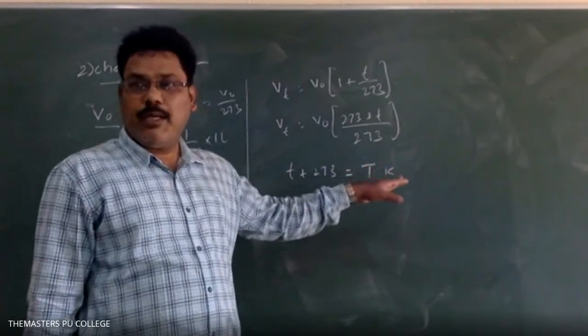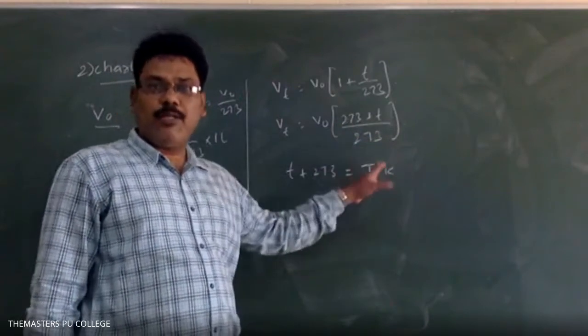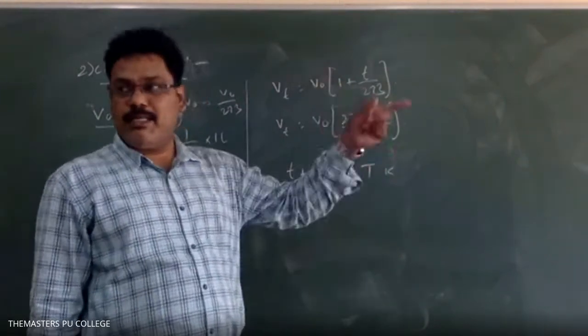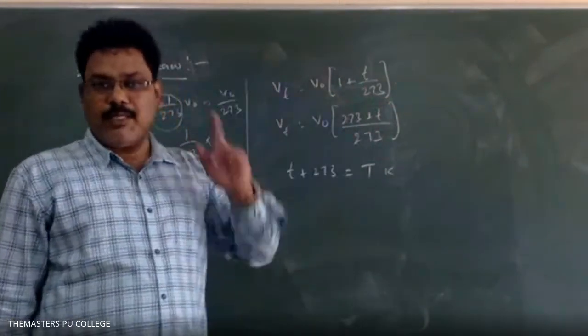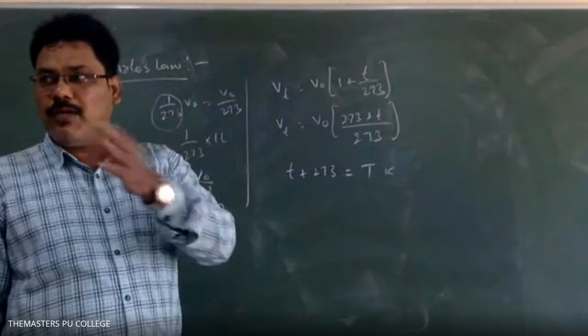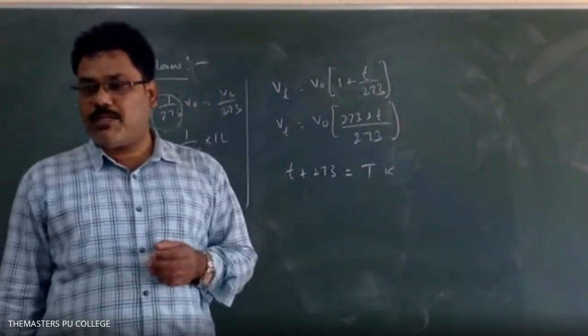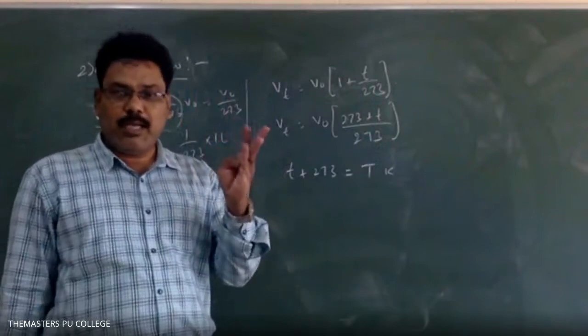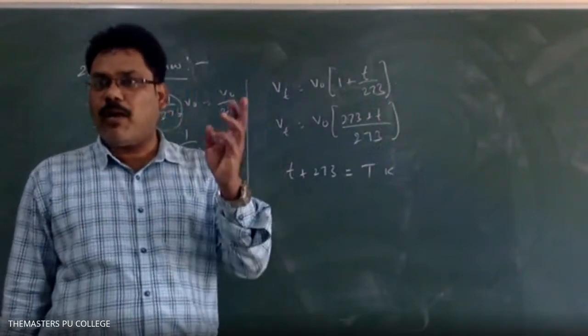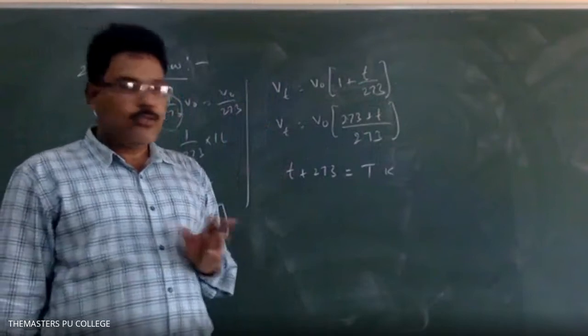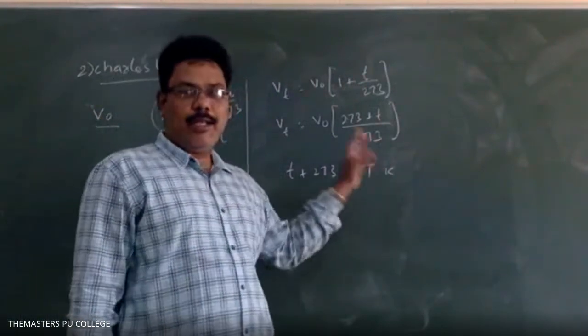The SI unit is the absolute temperature or Kelvin temperature, not degree Celsius. In some basic concepts of chemistry, we learned different temperature scales: degree Celsius, Kelvin temperature, Fahrenheit. So in that, this one is the Kelvin temperature.